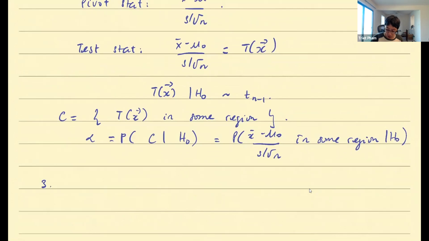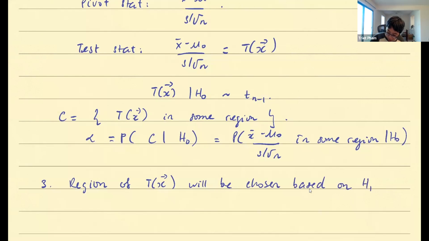Item 3 says that the region of T of X will be chosen based on H1, so that it has the smallest beta possible.